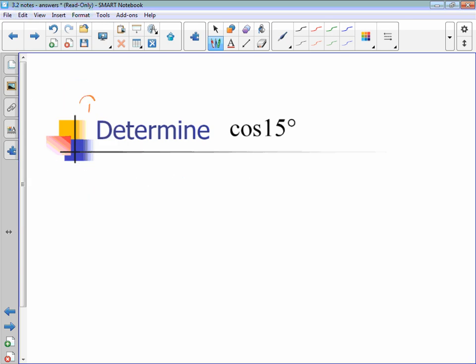All right, guys, so your first one here. Go ahead and jot it down. We're going to find the cosine of 15 degrees. Just jot the problem down real quick, and then I'll walk you through this one.